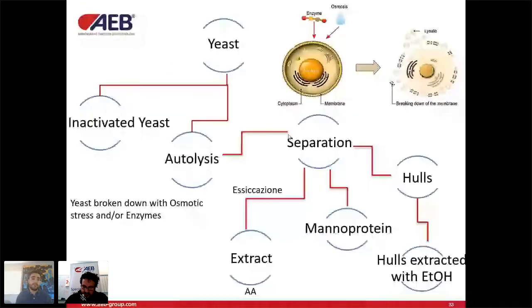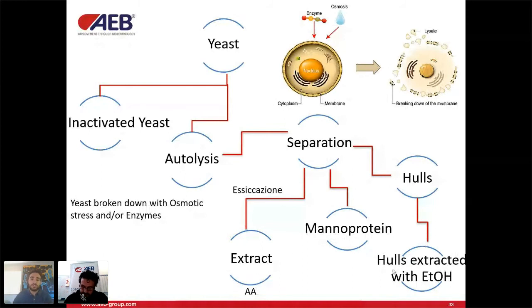So the polysaccharides from the yeast are produced by killing the yeast and separating the components of the yeast. When you separate the components of the yeast, you can have the extract that is soluble and is rich in amino acid, the mannoprotein that are the exteriors of the cell wall, and the yeast hulls that are insoluble and they have different characteristics.